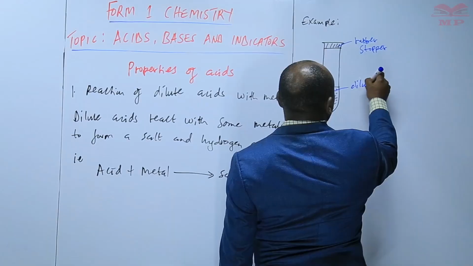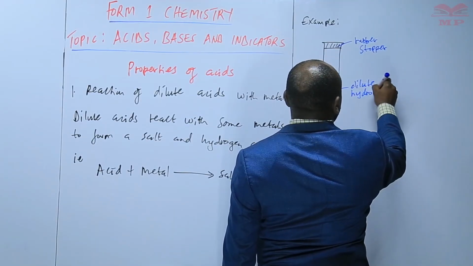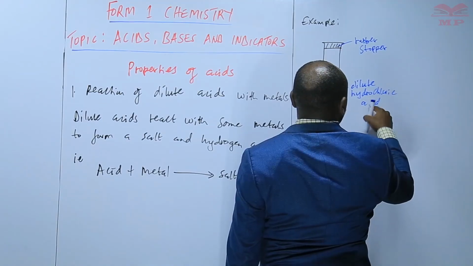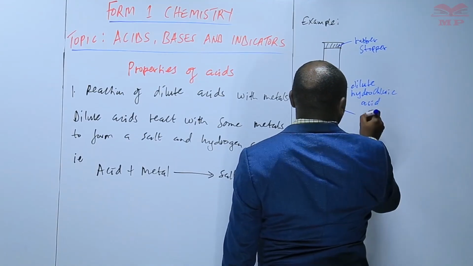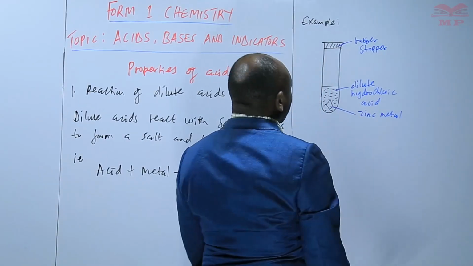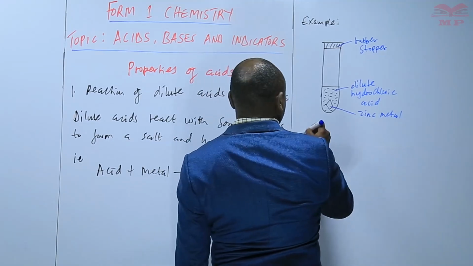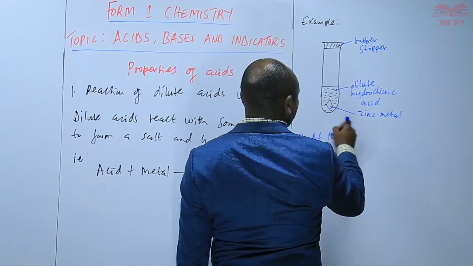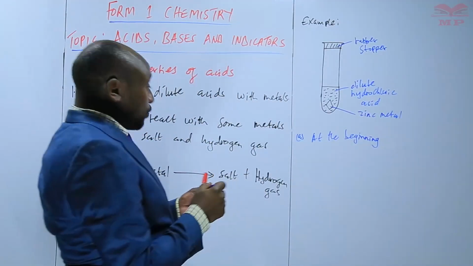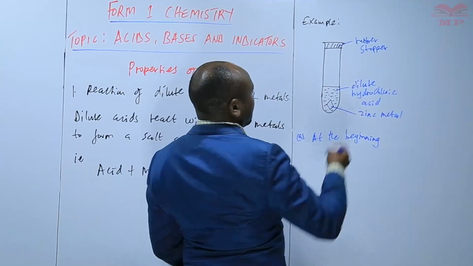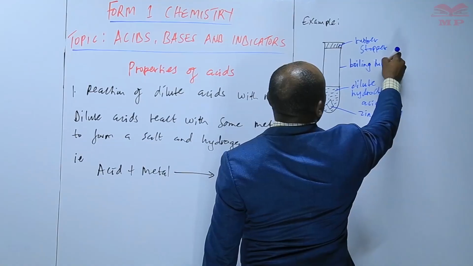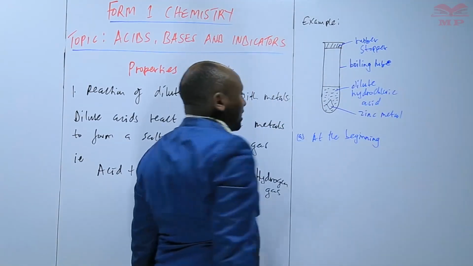We have dilute hydrochloric acid, and then we have zinc metal. So this is at the beginning. And we have put a stopper on this boiling tube so that the gas does not escape.